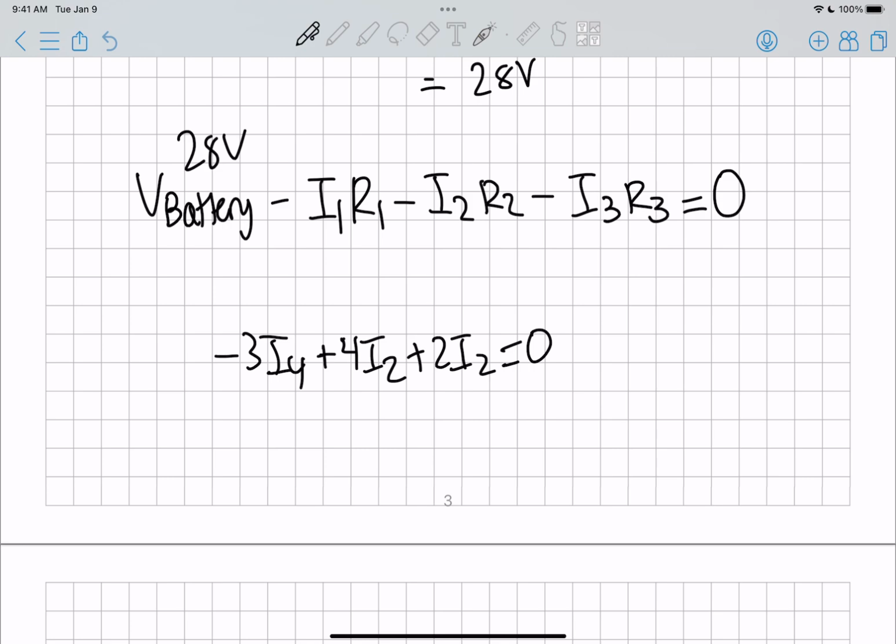So that's just that loop, plus that, plus none. Oh, I see. Okay, I see what they're doing here. That makes a lot of sense.